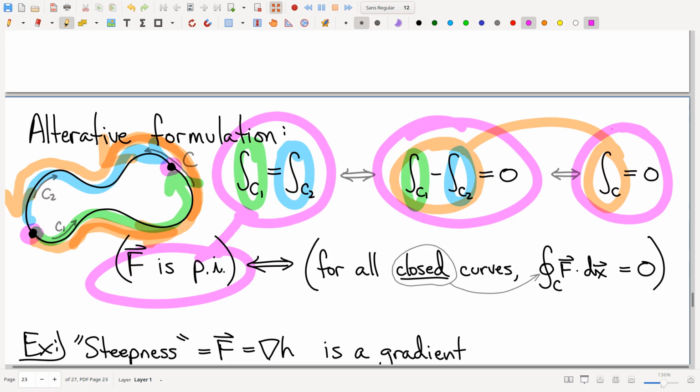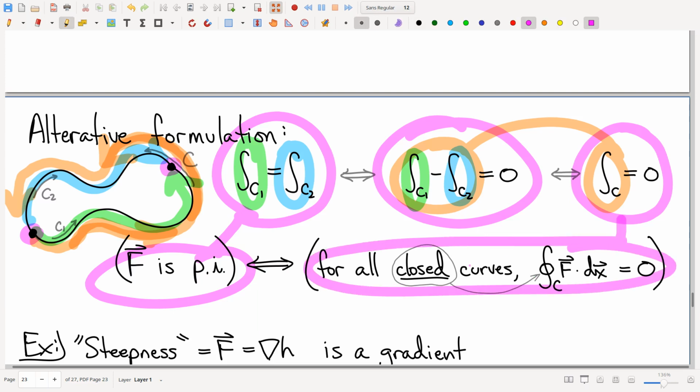And so that gives us another new way to think about path independence. Alternative statement is that on closed curves, the line integral is equal to 0. Let me say that a little bit differently. Line integral on a closed curve, where have we heard that phrase before?